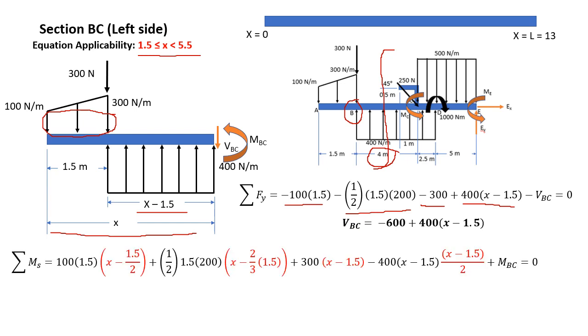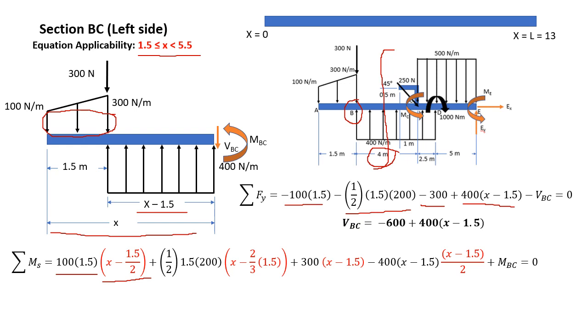Then we sum moment. So again, for the rectangle, here the area is 100 times 1.5, so that's the force. And then here is the distance of the centroid of the rectangle from the section. Again, we're summing moment at the section. So the whole length of the section is x. The base of the rectangle is 1.5, so 1.5 over 2, x minus 1.5 over 2.